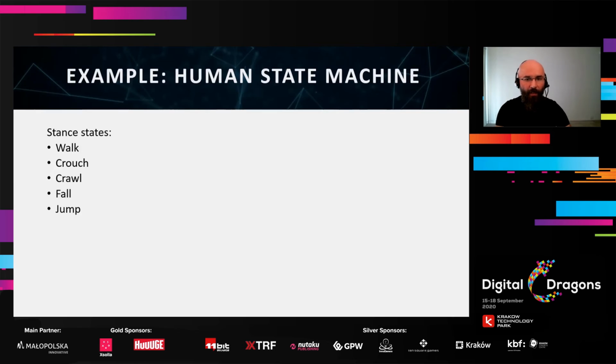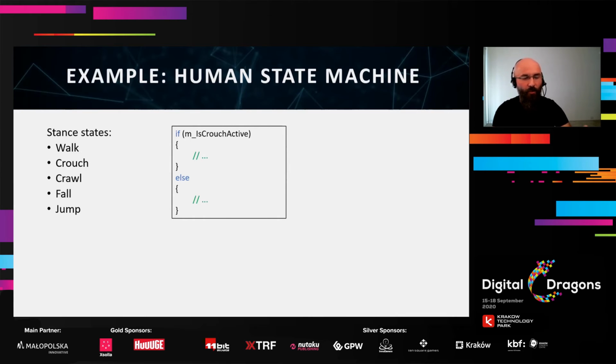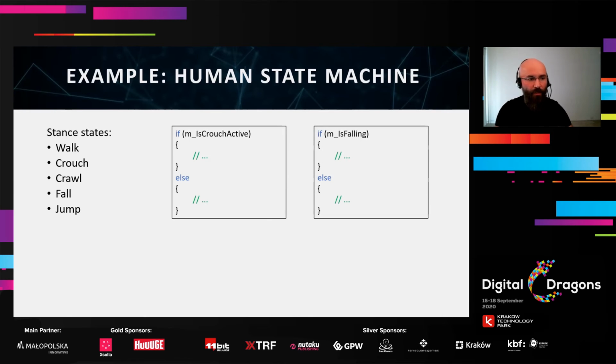So in the classic approach, when I think, let's say, about human behavior, and I have here an example of a human state machine, I think about states like walk, crouch, crawl, fall, jump, and others. And in a classic approach, I would have a lot of Boolean variables, for example, if I'm in a crouch state or if I'm falling, and depending on these variables, I have a lot of conditions in code.